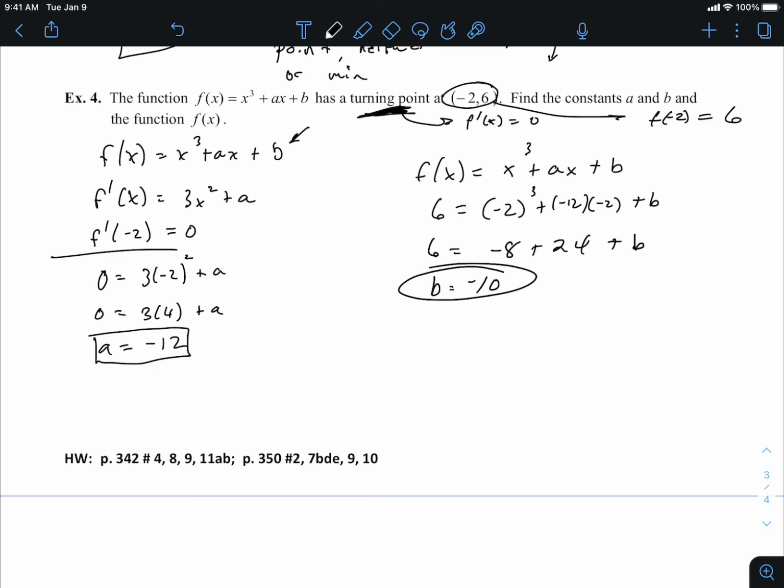So now we can say, therefore, a is equal to -12, b is equal to -10, and the function f of x is going to look like x cubed minus 12x minus 10.